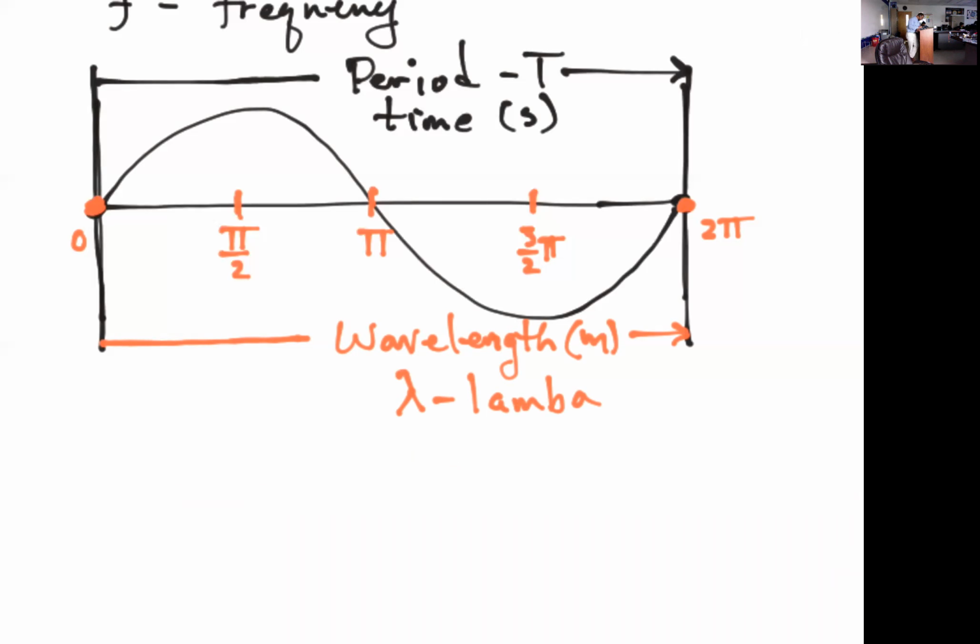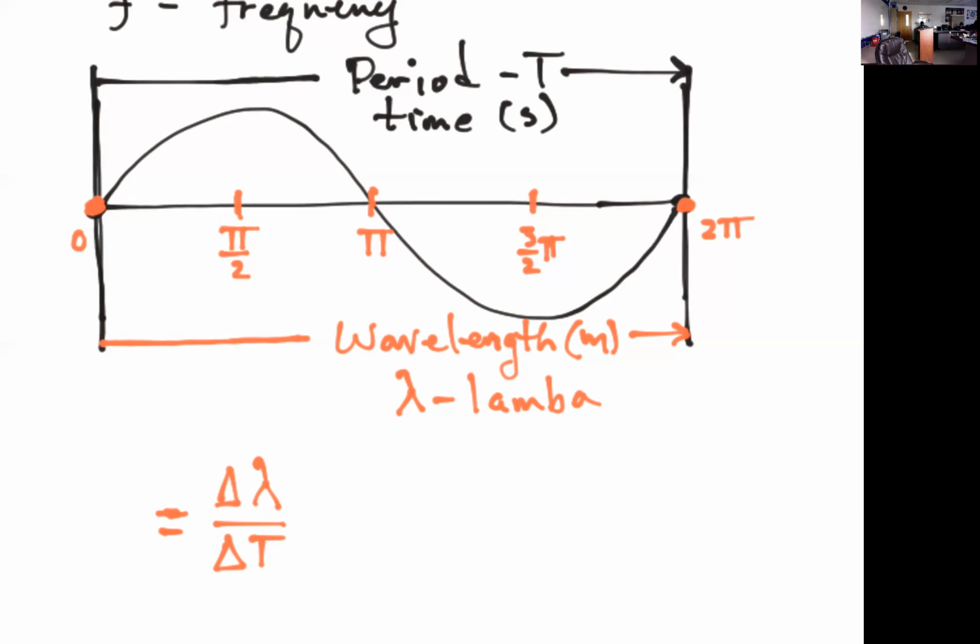So if I take lambda or the change in lambda and put it over the change in the time, what do I get? If I take the wavelength, if I look at the change in wavelength and put it over the period, the change in the period, what is that going to be?